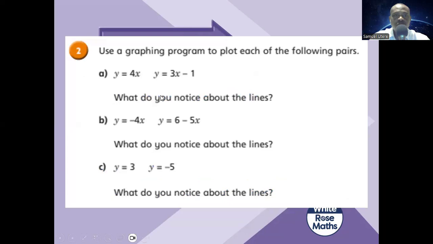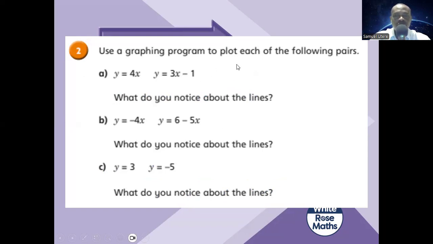Question 2 asks, use a graphing program to plot each of the following. We need to plot y equals 3x minus 1 and y equals 4x. What do you notice about the lines? And then we're asked to plot y equals minus 4x and then y equals 6 minus 5x. I'm going to be going back and forth to the program.